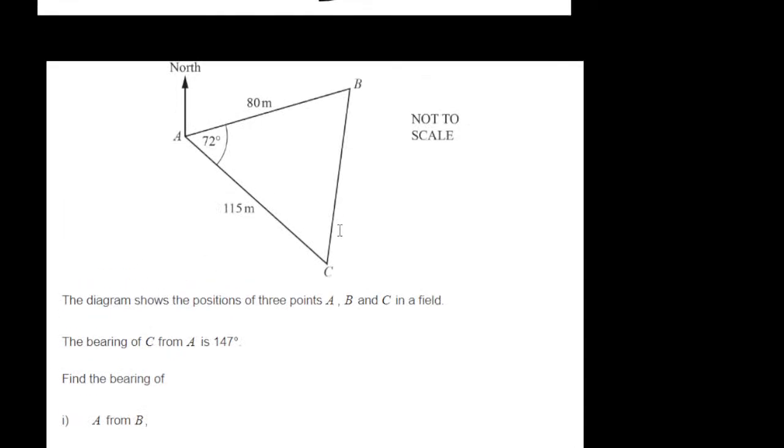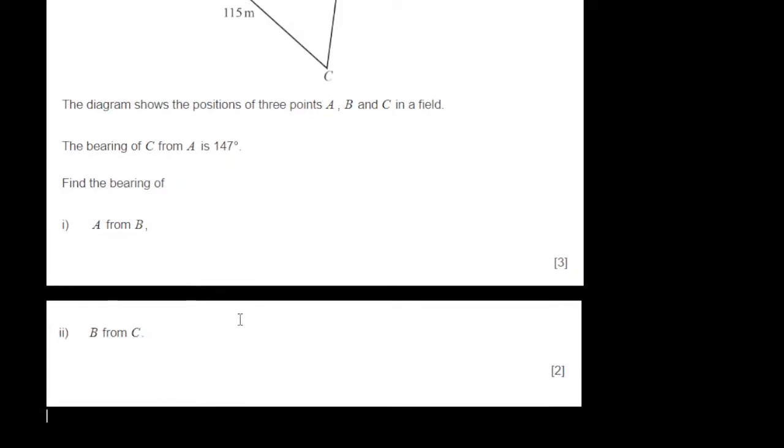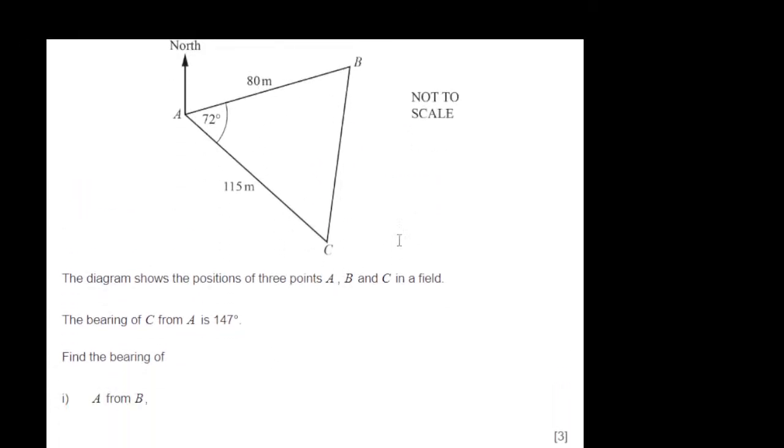Okay, here the question is, now in this question I have one more question. Okay, so let us discuss the problem. The diagram shows the position of 3 points A, B, C in the field.